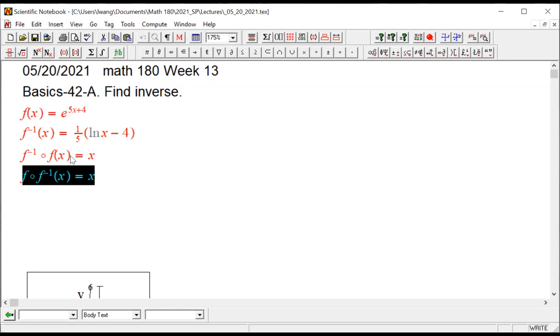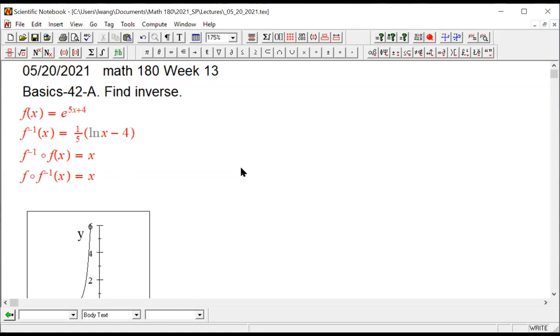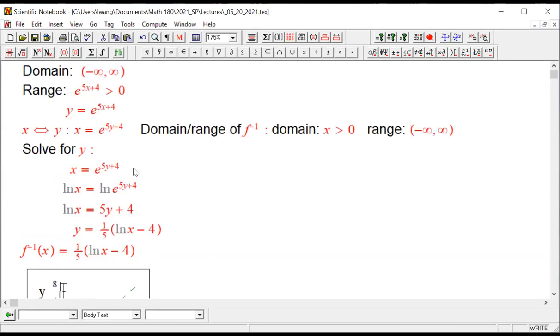It's always true. However, we need to understand which one is in which domain. Which one is in whose domain? That's important, right? Even though they're both x, they're not always the same, as we indicated in trigonometry. Today we're going to review that part as well.